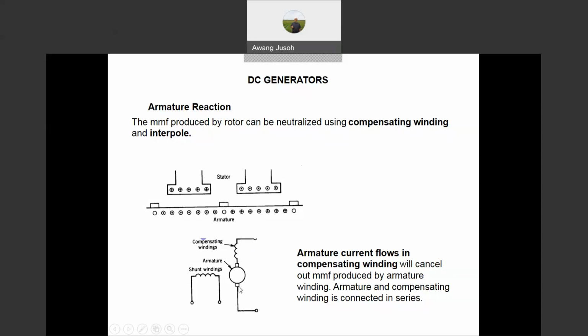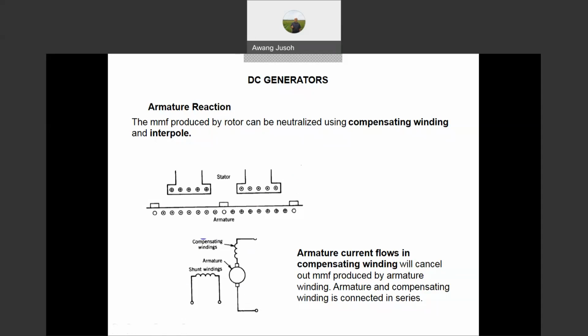Whatever current changes here on the armature side will also cause a change in the MMF there. But the polarity of the MMF must be opposed to this MMFA. So the function of the compensating winding is to compensate the MMFA just now.